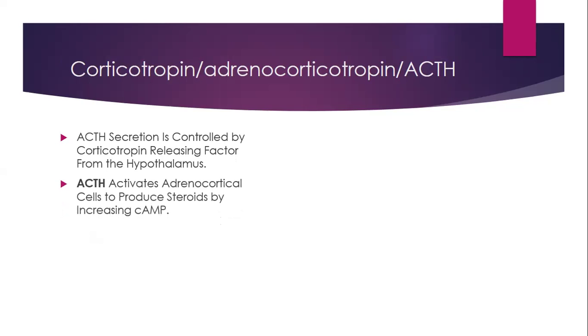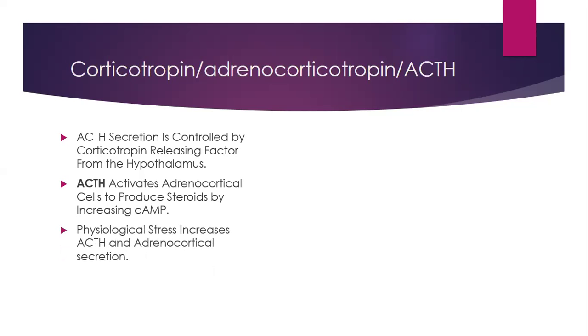ACTH usually activates adrenocortical cells to produce steroids by increasing cyclic AMP. So we've seen that cortisol and aldosterone act via the nucleus, but ACTH will act at the cell membrane level. And the only way it is going to work is by increasing the levels of cyclic AMP.